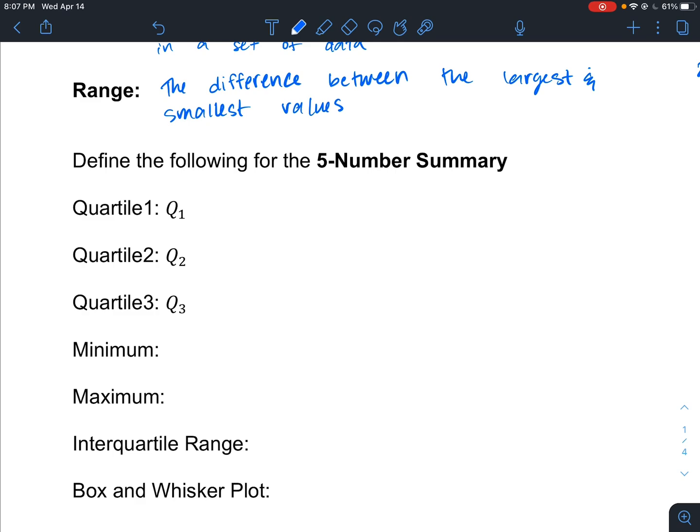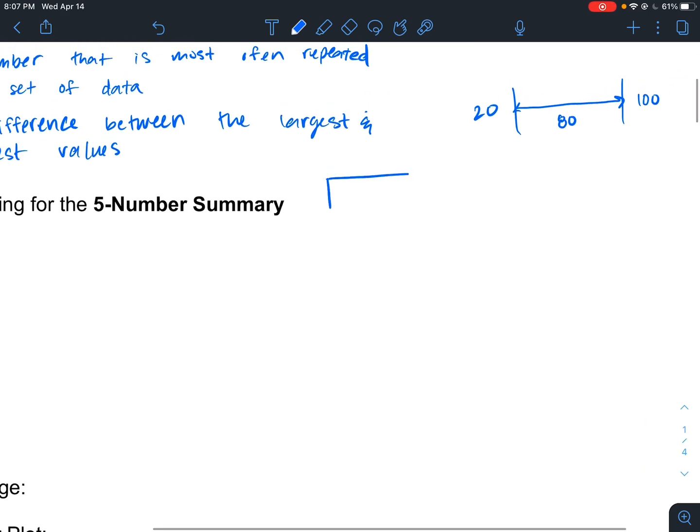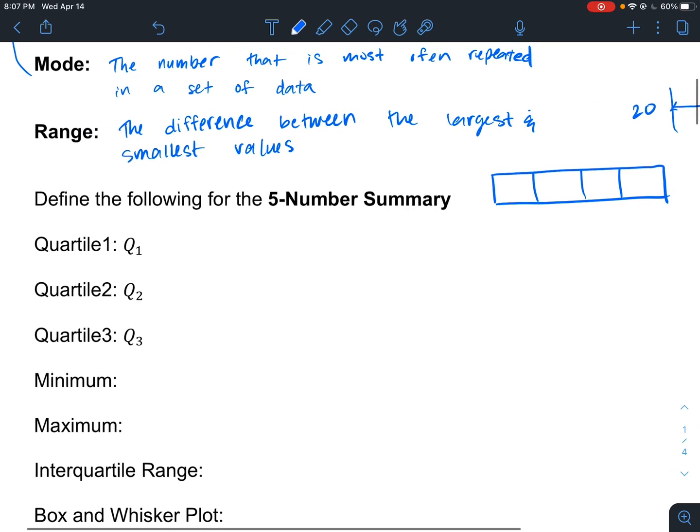If we have our data represented as a box, and we split this box up into 4 quarters, this is essentially what we're doing. Q1 is the marker for the lower half, so our Q1 is the median of the lower half.